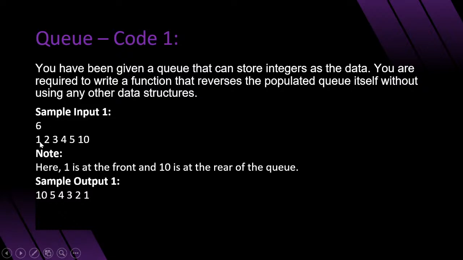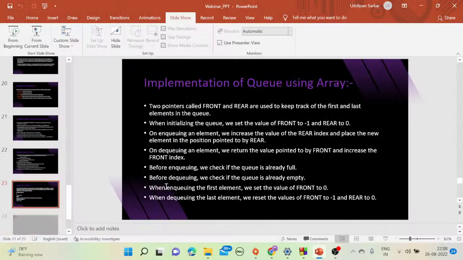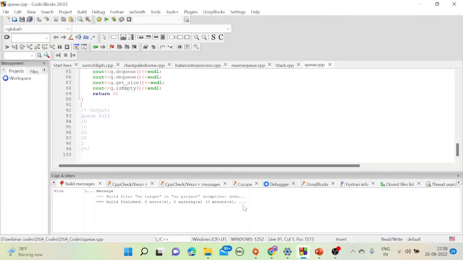Then we enter 6 integers, and here 1 is at the front of the queue, 10 is at the rear. And now the sample output should be the integers printed in reverse order, and not only just printed, the change should be reflected in the queue as well. 10 should be at the beginning and 1 should be at the end. So now let's implement this.